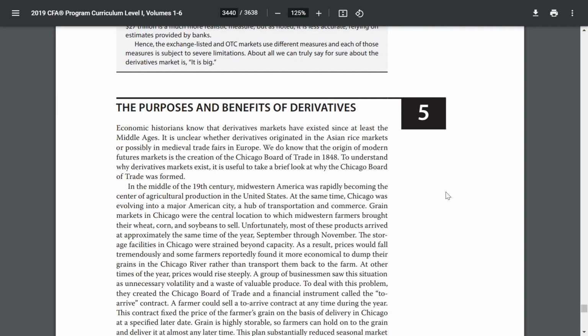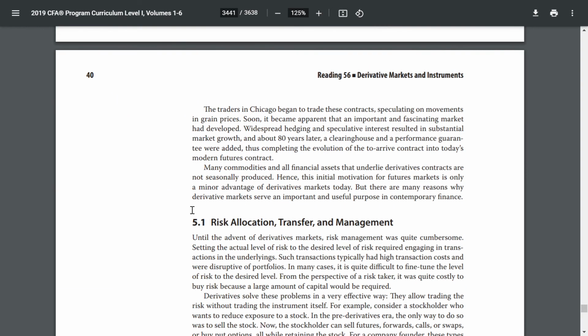We do know that the origins of modern futures markets are the creation of the Chicago Board of Trade in 1848. To understand why derivatives markets exist, it is useful to take a brief look at how the Chicago Board of Trade was formed. So this is just the history of the Chicago Board of Trade. The traders in Chicago began to trade these contracts, speculating on movements of grain prices.